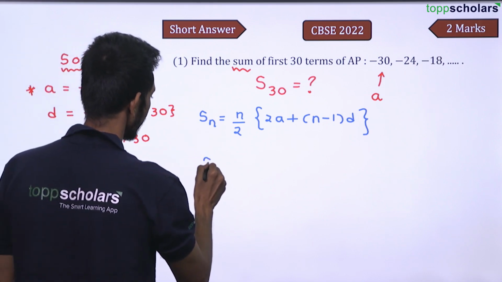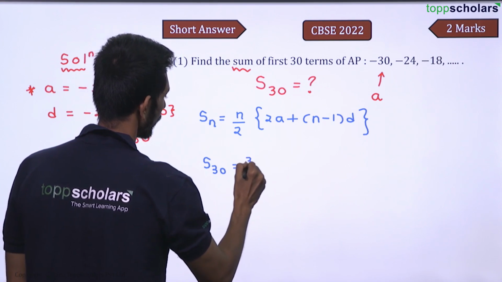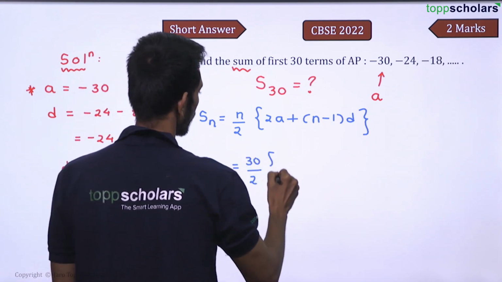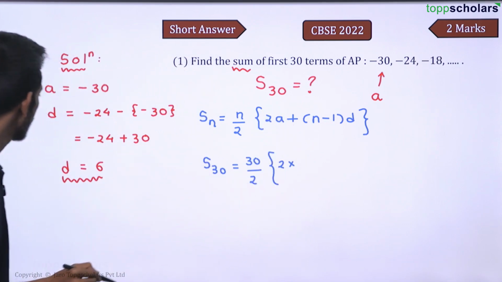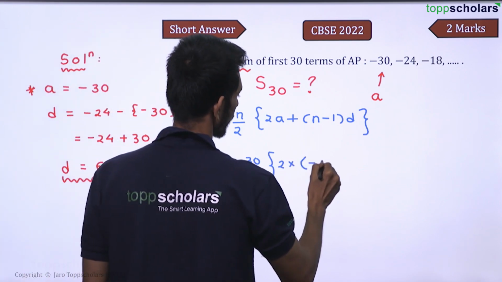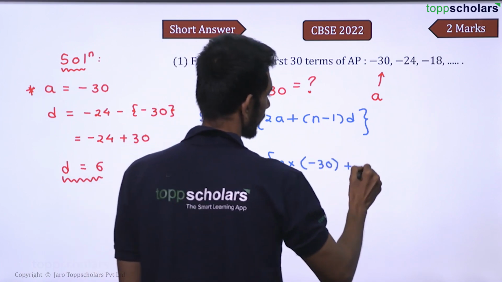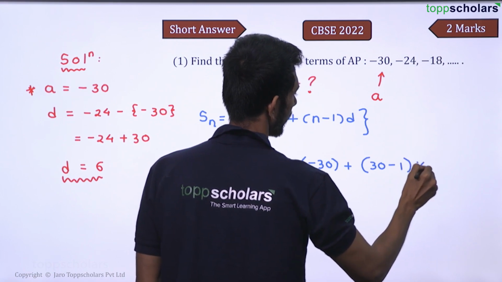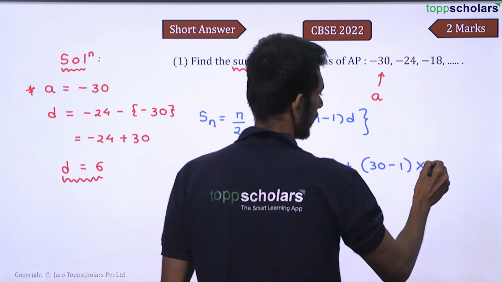So can I say S30 is equal to 30 by 2, 2 into A. A is how much? A is minus 30 plus 30 minus 1 into D. D is how much? D is 6.